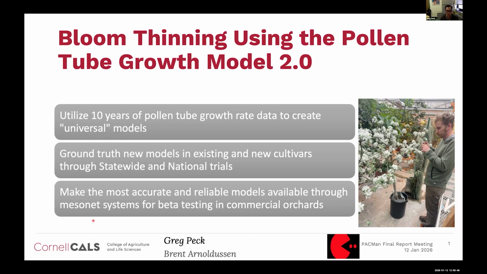And they were mostly focused for the West Coast, and they were very limited in terms of the number of cultivars that we had empirical data to develop models for. And so it was kind of leaving new cultivars out of the mix and also leaving a large geographic part of the country out of the mix for being able to use this. So in essence, we were trying to add precision to the pollen tube model.